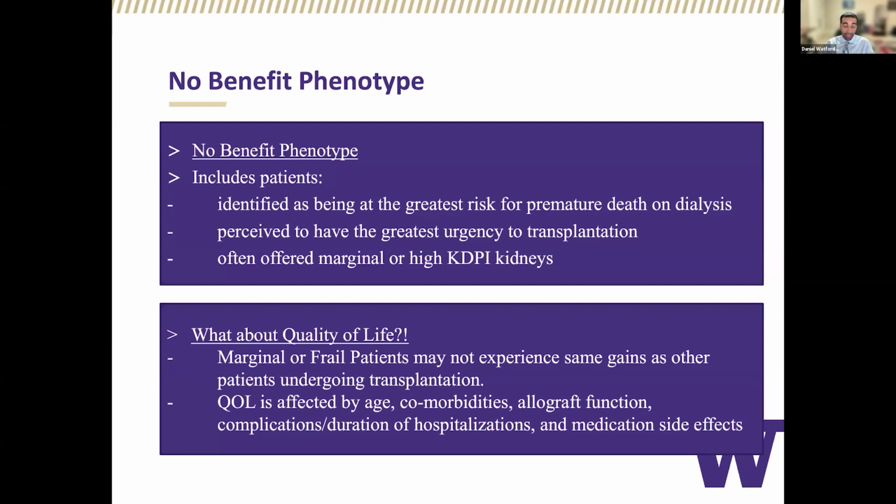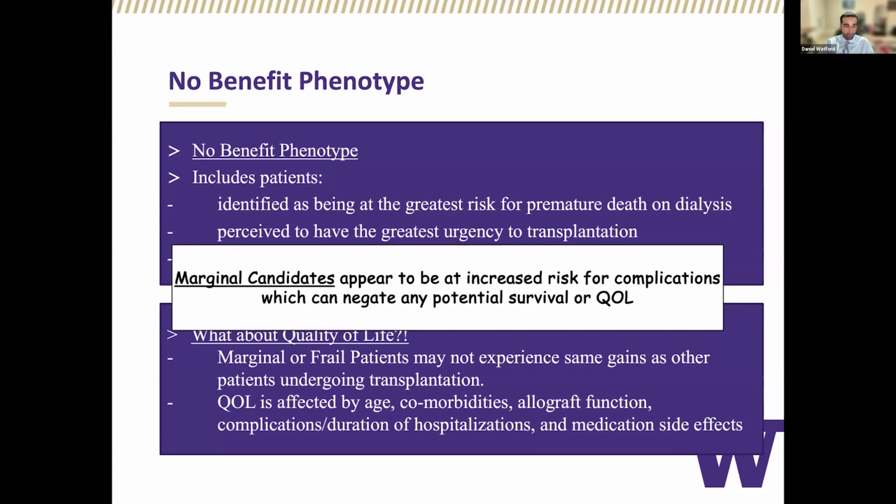Quality of life is affected by age, comorbidities, whether or not their transplant works after undergoing kidney transplantation, complications that they may encounter after transplantation, duration of hospitalization, and even medication side effects. And so, overarching point is that marginal candidates or our more frail patients appear to be at increased risk for complications after transplant, which can oftentimes negate any of the potential survival or quality of life benefits that we hope to gain from receiving a kidney transplant.